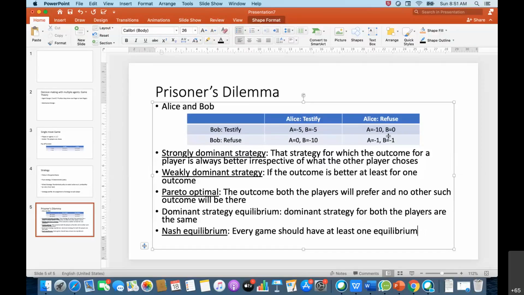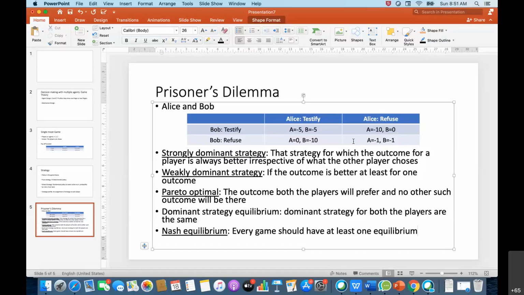They know that if both of them refuse, they are going to have a very small penalty. That is, both of them will get imprisoned for 1 year, but they will be afraid to refuse because they don't know whether the other player is also going to refuse. If Alice refuses but Bob testifies, then Alice is going to be imprisoned for 10 years.